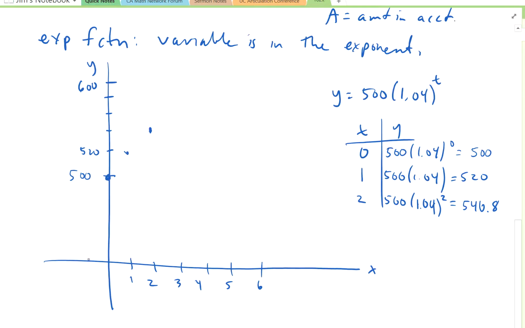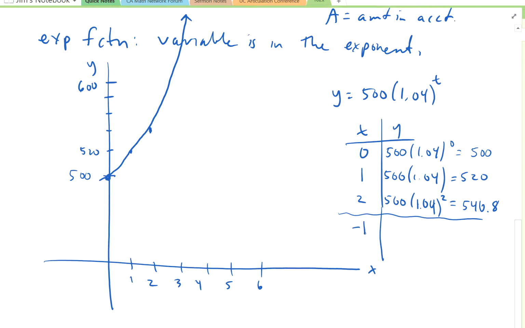Now, this actually, which is hard to tell because of my scale, is going to go like this. And it just gets bigger and bigger and bigger. I mean, think if you just left this money in your account, it's just going to grow and grow and grow and grow.